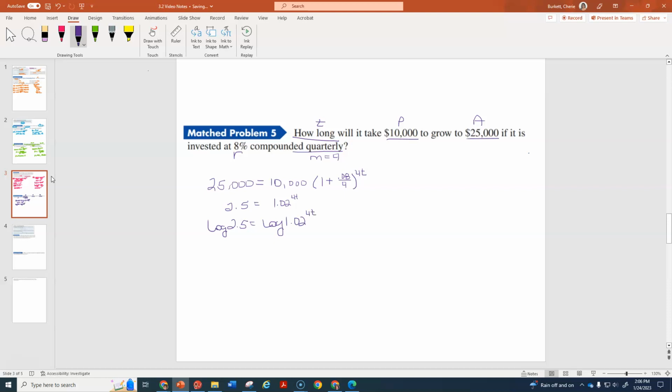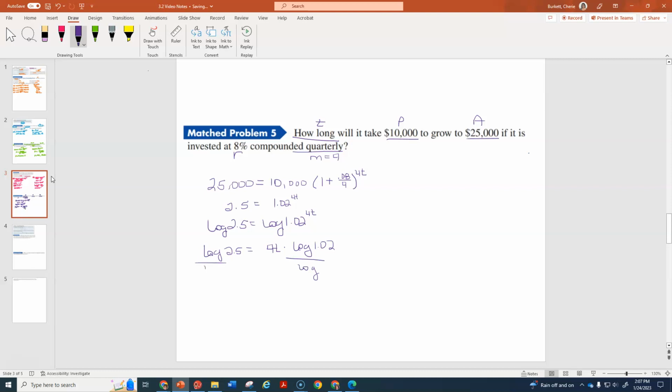Now here's where you have to use your log properties, because I have a log that has an exponent on it. We can use those log properties to bring that exponent down as a coefficient. So I have log 2.5, that becomes 4t times log of 1.02. Now I've got multiplication. How do I undo multiplication? You divide.